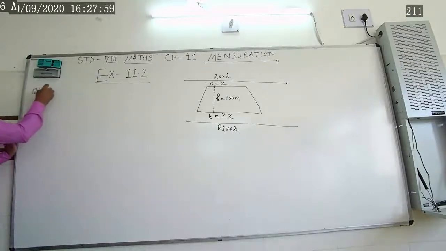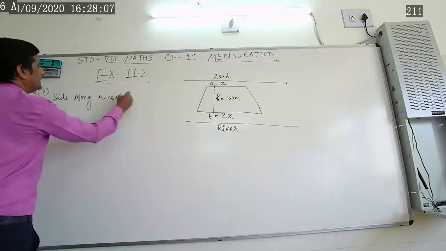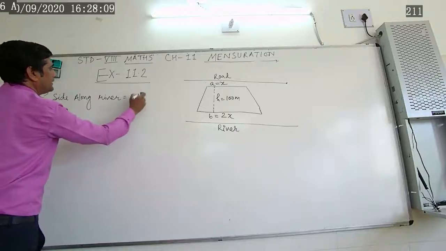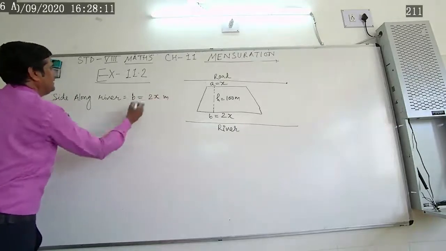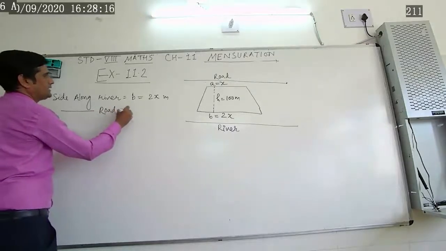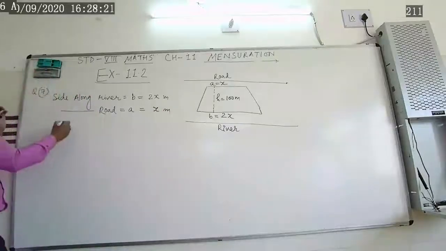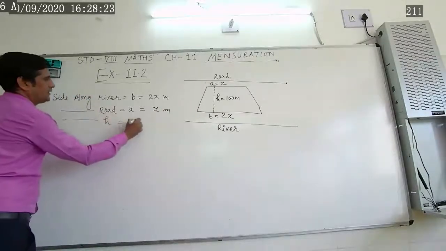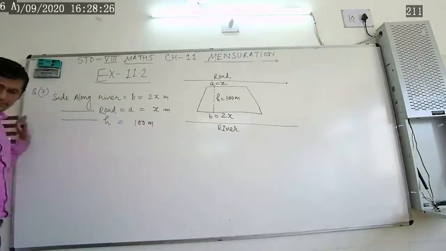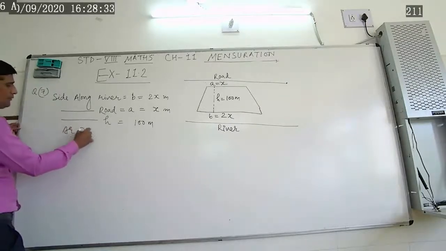So this is the question number 8. Side along the river equals B equals 2x meters and side along the road is equal to A equals x meter, and again the height equals 100 meter. Also the area of the field is 10,500 meter square.